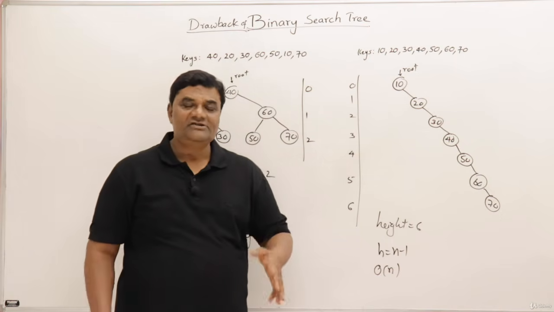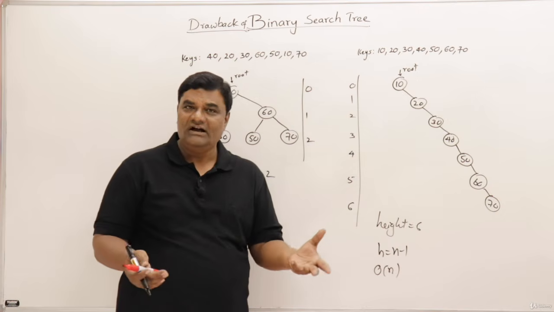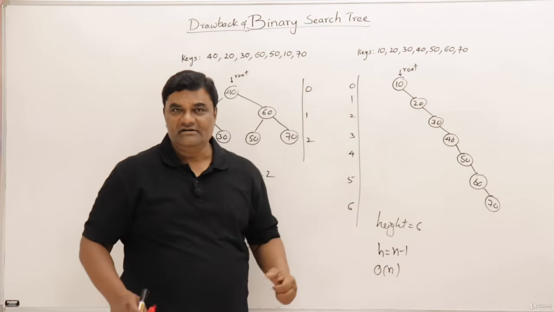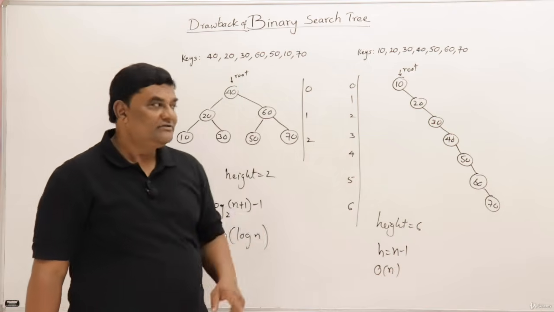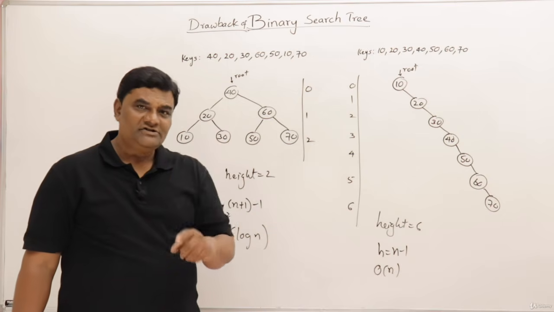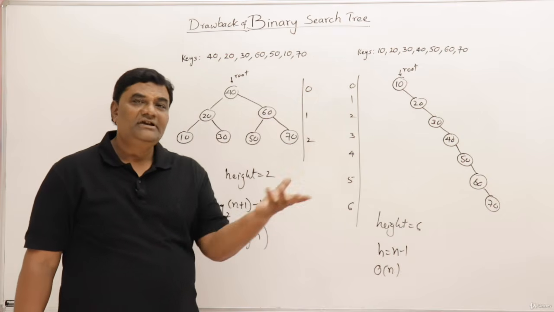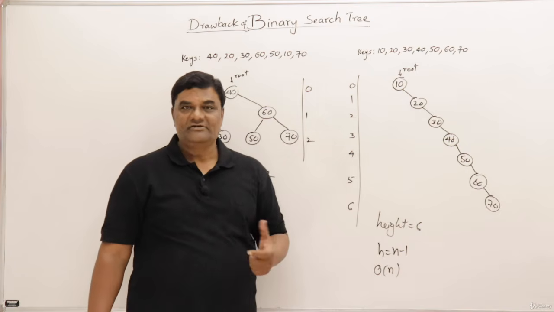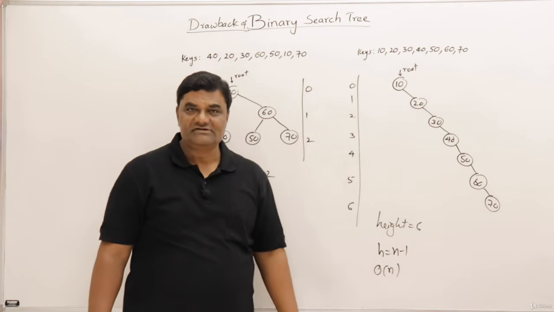You are using my application, you will be giving the keys as you have or as you are getting them, then my program will be generating the tree. So if you have given the values like this, then it will be like this one. I created a situation to make you understand that we cannot control the order of insertion. So we cannot control the height of a binary search tree.